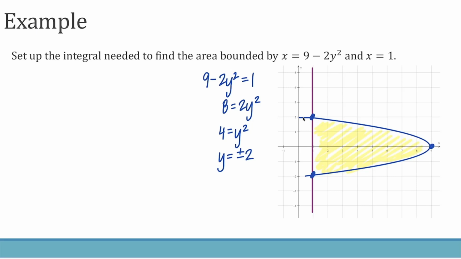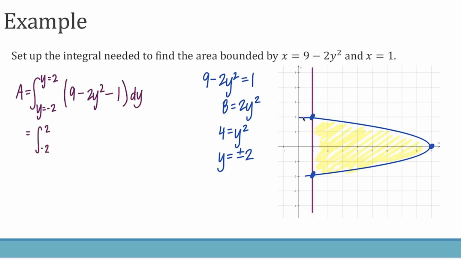So we can go ahead and set up our integral to find the area as y equals negative 2 to y equals positive 2 of the right function 9 minus 2y squared minus 1 dy. And we can clean that up a little bit. We can do negative 2 to 2, and then 9 minus 1 is 8, so we have 8 minus 2y squared dy.